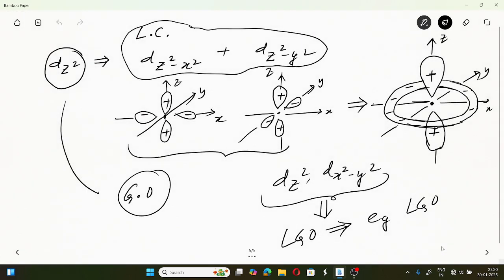Now let us consider the metal to be on this side. If we generalize the metal, suppose it is nd, then the d orbitals, you know these 5d orbitals, they are degenerate.